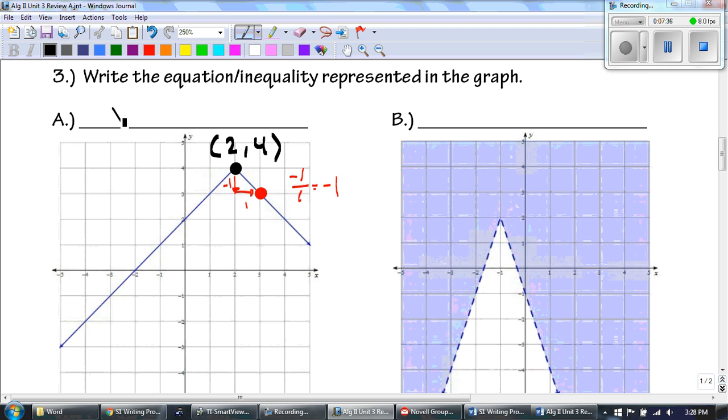So as I start to write this, it's an equal sign because there's no shading. -1, but do you ever see -1 in front of the absolute value? No, you would just see the negative sign, which is showing the reflection. So x, I take the opposite of 2, which is -2, and then my 4 stays the same.